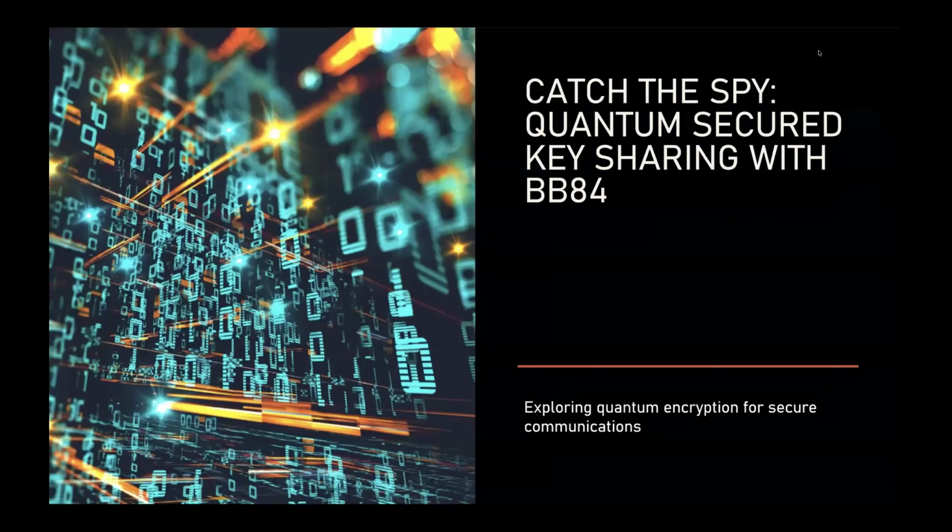So BB84 is a quantum key distribution, which means it's a very secure way for two people to share a secret digital key through physics and not math. The randomness doesn't come from a math formula like a classical computer. Instead, it comes from the quantum environment, the physics world.